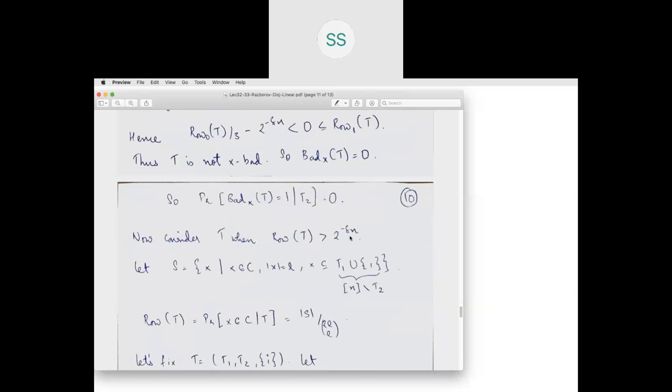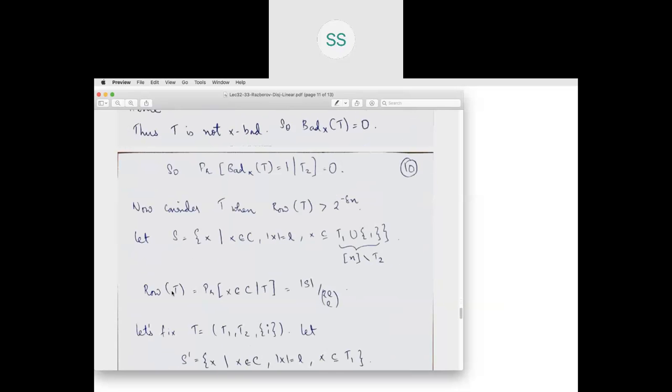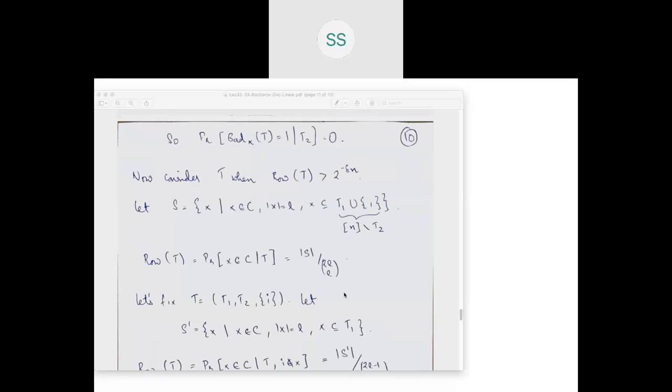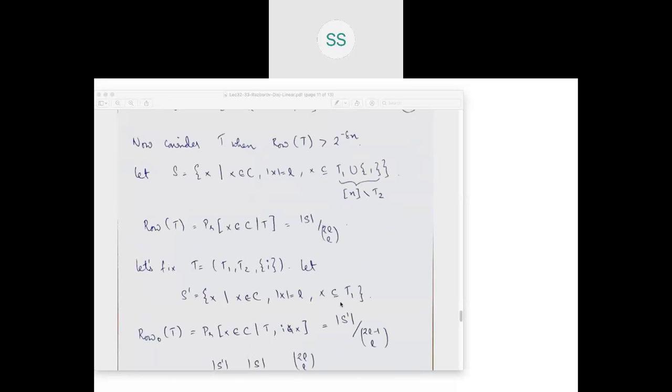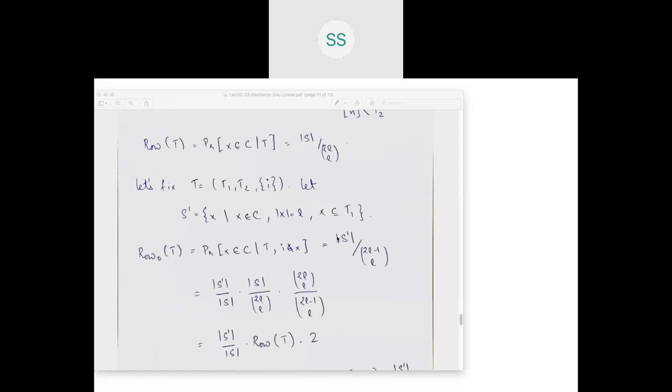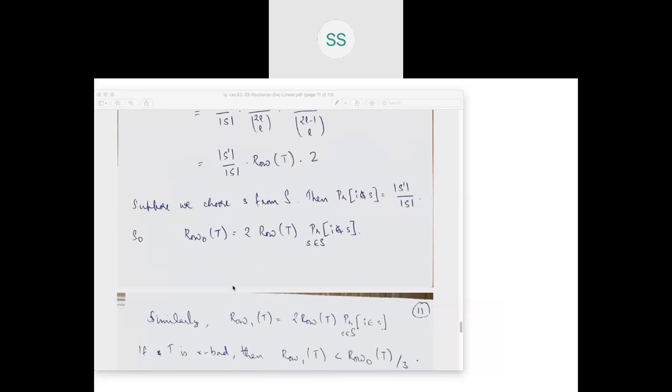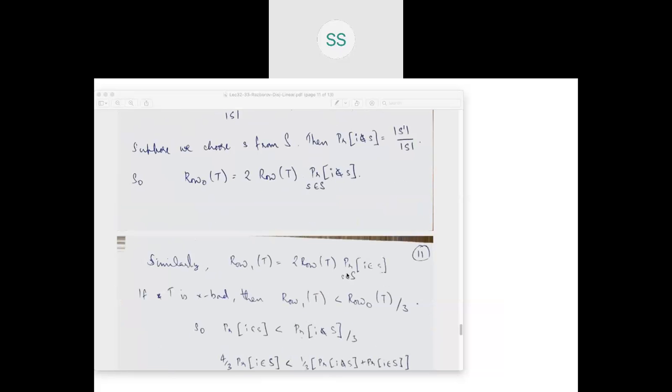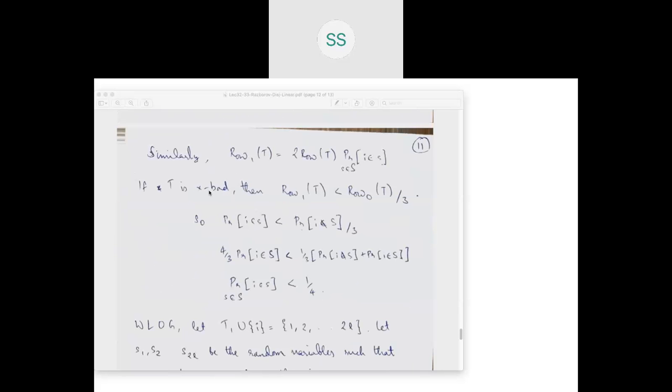For rho t greater than 2 power minus delta n, we first identified capital S as the set of all x, which are Alice's inputs, and S prime, which are all Alice's inputs which don't contain I. So the size of rho t could be written as size of S divided by 2L choose L. Rho 0 t could be written as size of S prime divided by 2L minus 1 choose L. And we wrote rho 0 t and rho 1 t in terms of these probabilities: rho 0 t is twice rho t times the probability that S is in S, I not in S. Rho 1 t is twice rho t times the probability of S in S, I in S. And if t is x bad, we get that the probability that I is in S is at most 1/4.